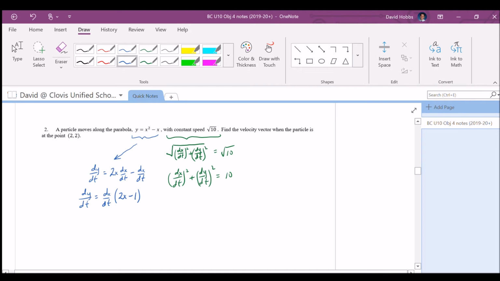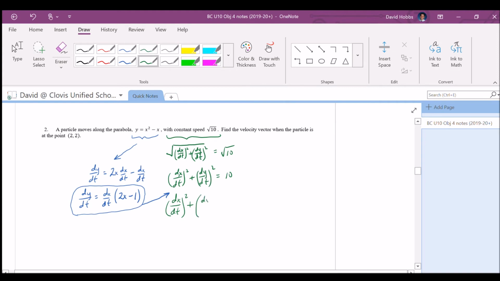Okay, and so if we substitute this over here, we can get (dx/dt) squared plus, now dy/dt is dx/dt times (2x minus 1), and then I have to square it.